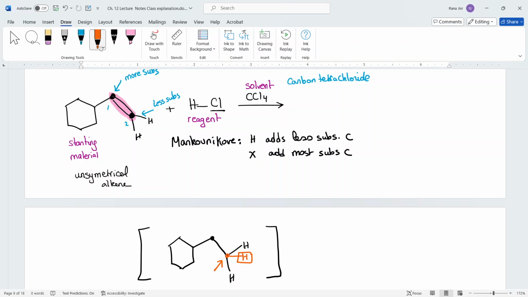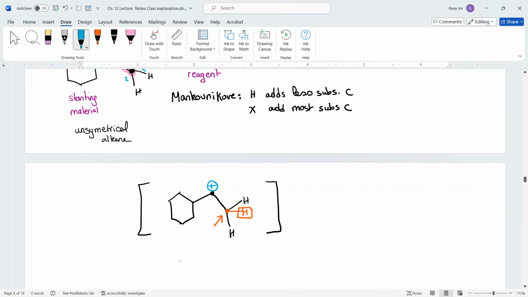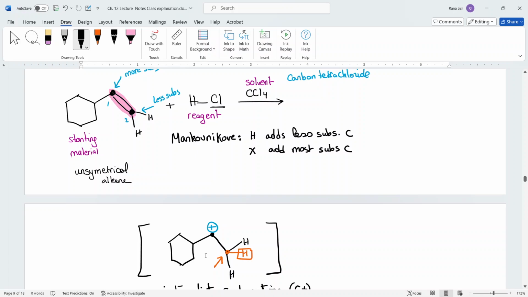The other carbon will end up being a positive charge in there. And that positive charge, we call it an intermediate carbocation. We represent the carbocation by a C plus. So you can just say intermediate C plus in there. This is the intermediate before I reach my final product.